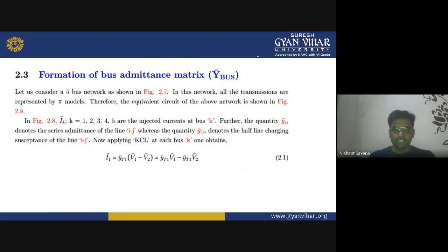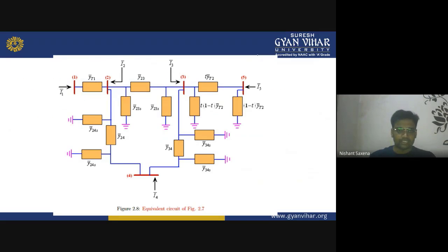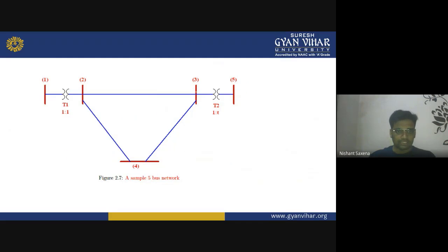If you draw the equivalent circuit of this network, it will be like this. This is the transmission line. This is T1 for example. It will be better to represent this with T23. This is T24, and this is T34. Now we are representing this with the pi model.